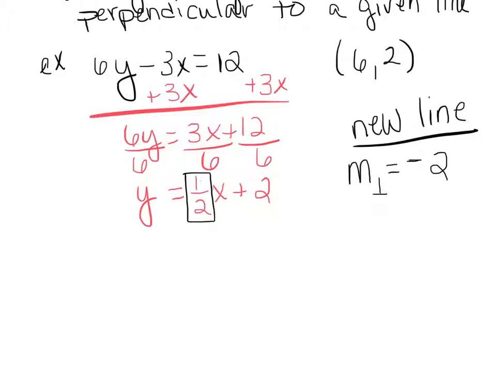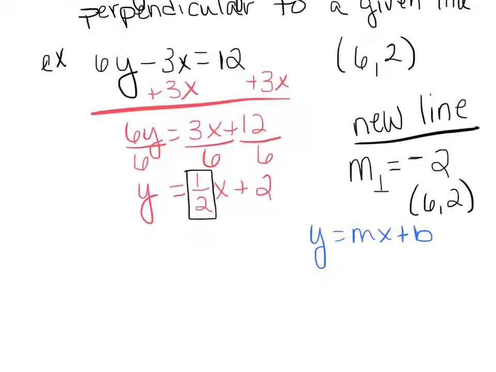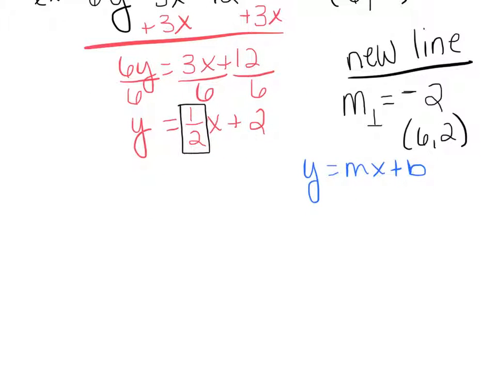So now we have our slope, and we were given the point (6, 2) that the new line is going to have to go through. So we can just, like usual, use y equals mx plus b. But this time, instead of like the parallel lines where we use the same slope, we're going to use that negative reciprocal, the opposite sign and flipped.